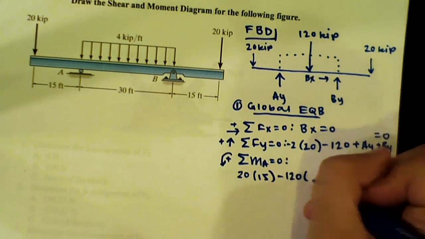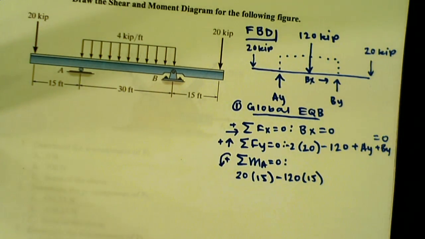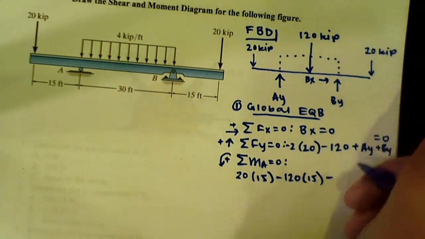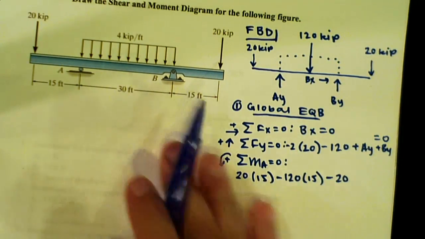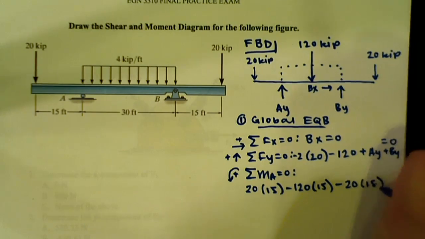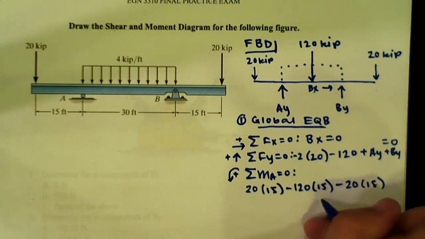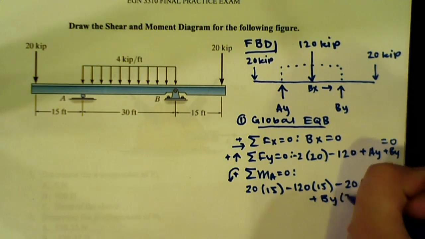And its perpendicular distance is also going to be 15. And then we have our other 20 kip force, and its perpendicular distance is going to be 45 because we have the 30 and the 15. And then finally we have our BY that creates a positive moment and has a perpendicular distance of 30.